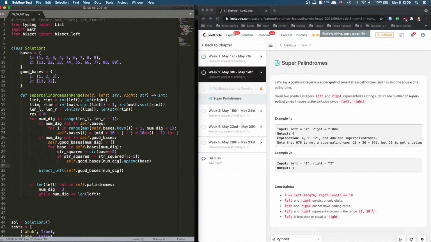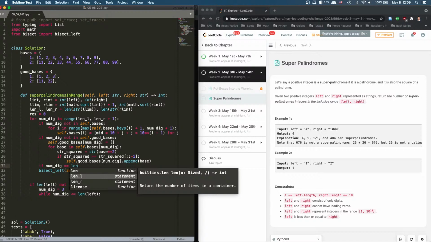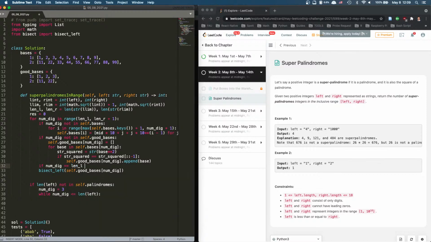Now I want to say, right here, if num digit is equal to len left, then res plus equal to, I'm going to bisect on num digit and left limit. And if it's not the same, we're going to end up in the middle.